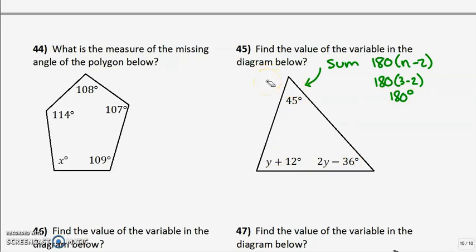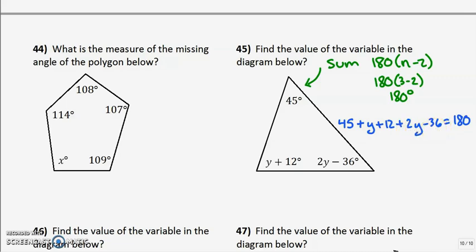Okay, so once we know that they're going to add up to 180 degrees, we can actually set up an equation. We're going to have one angle measure plus another angle measure plus a third angle measure gives us the 180 degrees. So we can fill in the angles that we know. One of them is 45, one of them is the expression y plus 12, and one of them is the expression 2y minus 36.